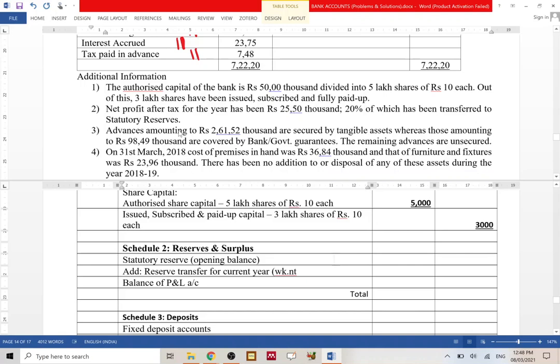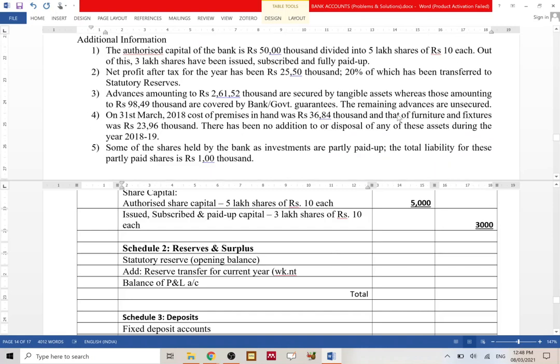Now like I told you, in this problem these are not adjustments which are supposed to be made. You're not supposed to add or minus them in the respective sides. This is additional information that you have to show has been already taken care of. So in this case 20% they are saying has been transferred. It's already transferred. They're not asking you to make a transfer of that reserve.